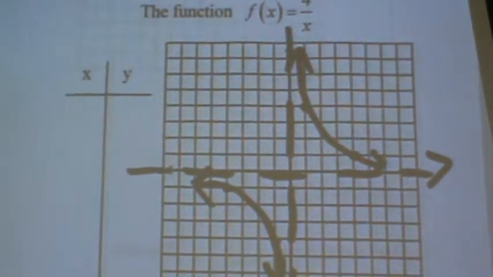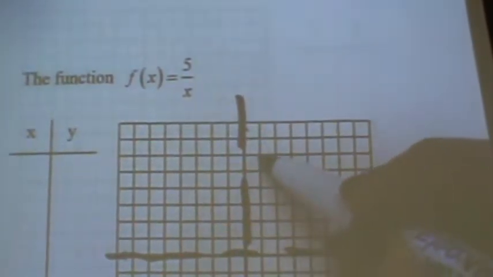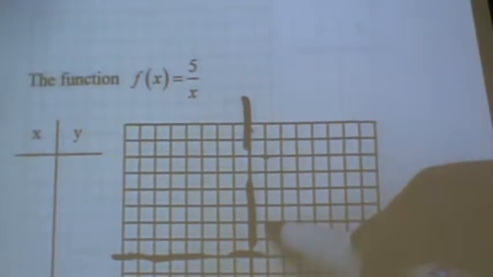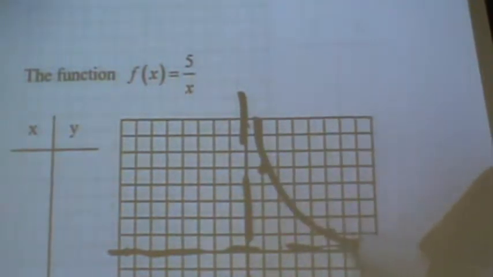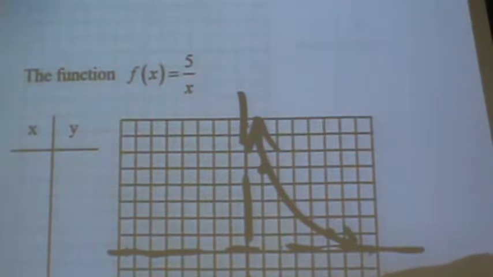And where's this one going to be? 1, 5. And 5, 1. And negative 1, negative 5.